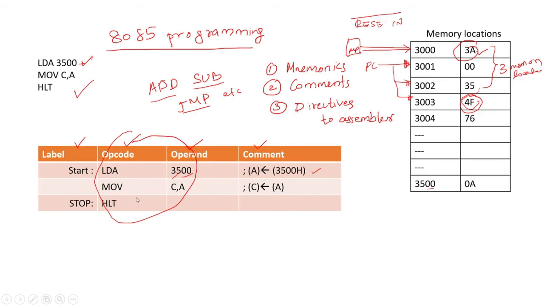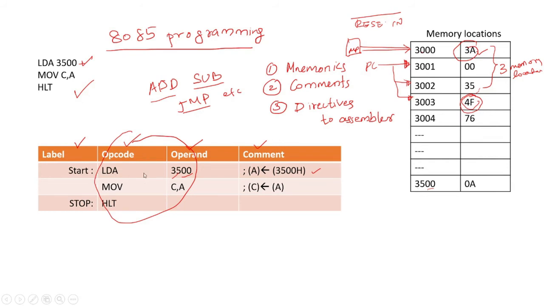For that, we need to write the machine code corresponding to each instruction, and save those machine codes into memory locations, which are external to the microprocessor. Say we are going to save the machine code corresponding to our program in memory location starting from 3000.